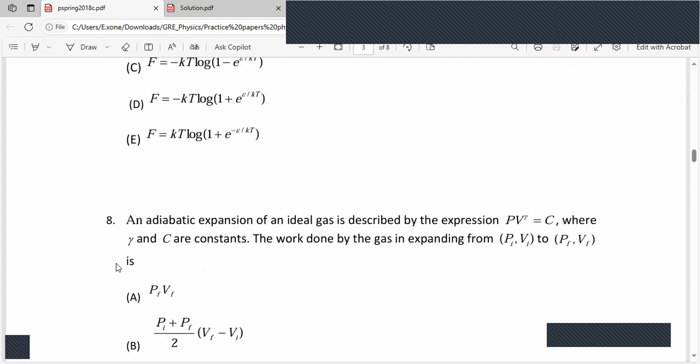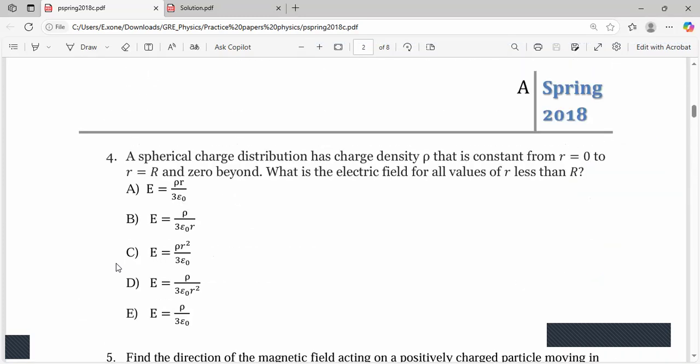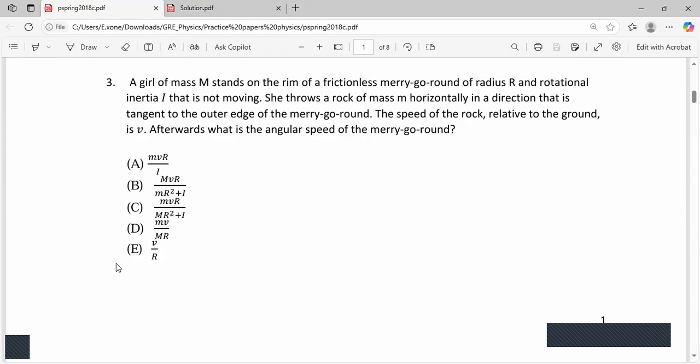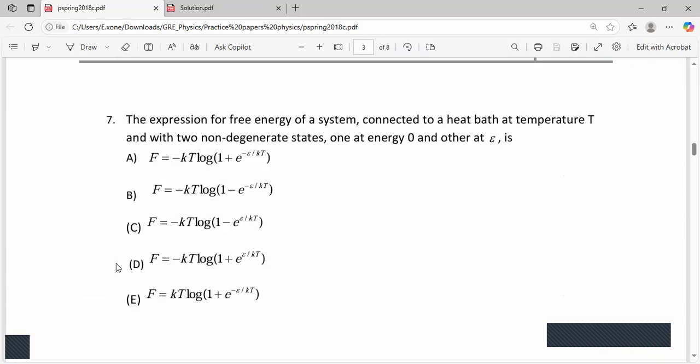So we have solved quite a number of problems related to mechanics, electromagnetism, thermodynamics, and statistical mechanics.